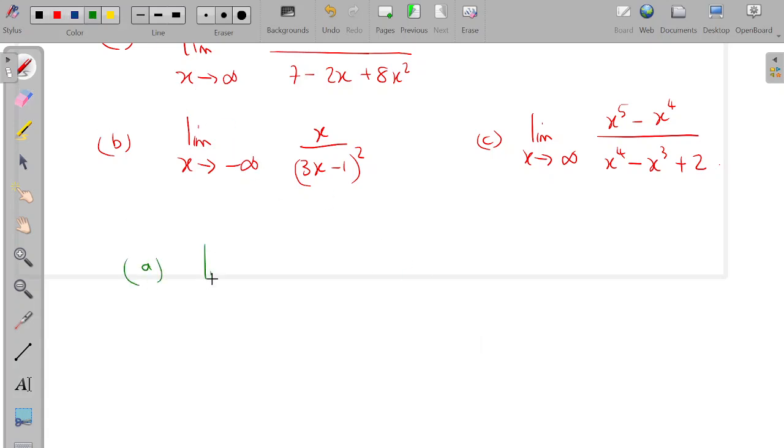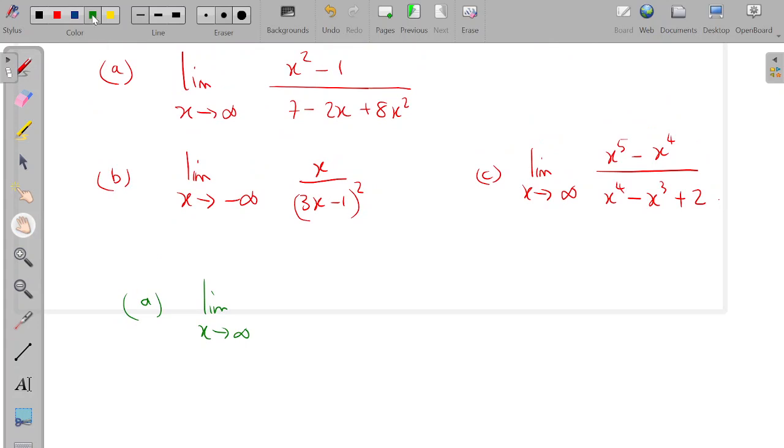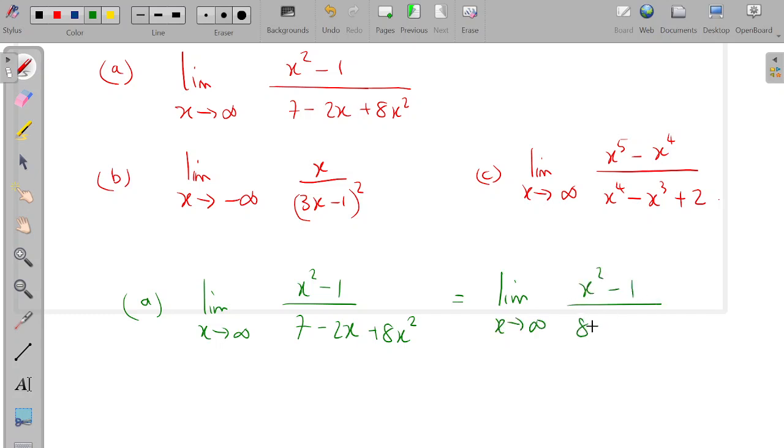So A, we want limit as x goes to infinity of (x squared minus 1) over (7 minus 2x plus 8x squared). If you rewrite this, you get limit as x goes to infinity of (x squared minus 1) over (8x squared minus 2x plus 7).